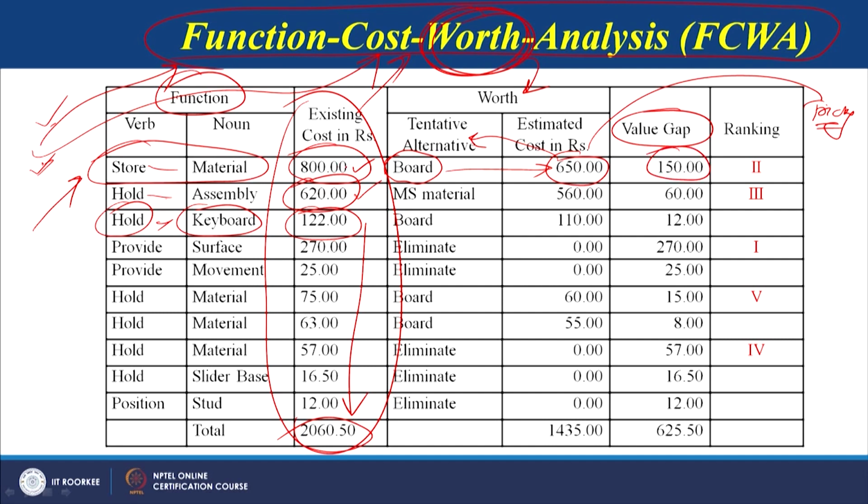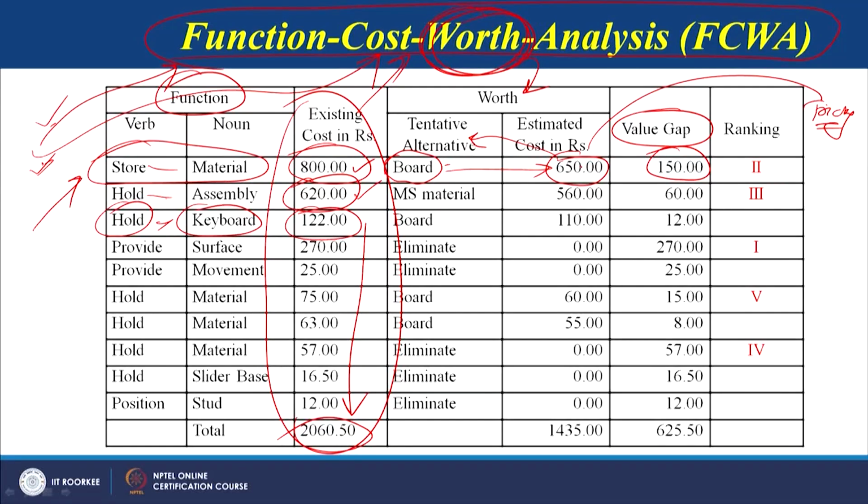This 800 is known to us, because the company is already manufacturing the computer table, and they are aware that rupees 800 is being spent on this function of storage of material through the drawers and storage assembly. But how to get this 650 is a little tricky; with experience the engineers can get an idea that if we use an alternative of board, we can very easily bring down the cost from 800 to 650.